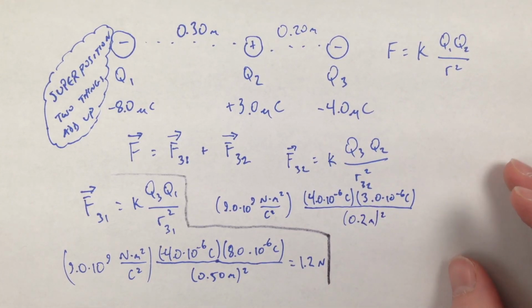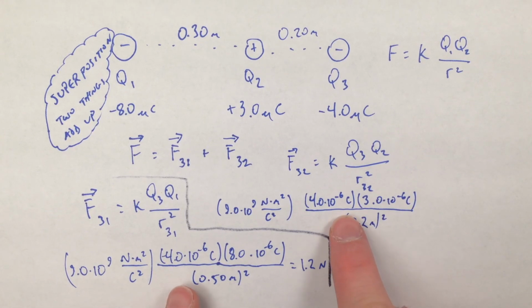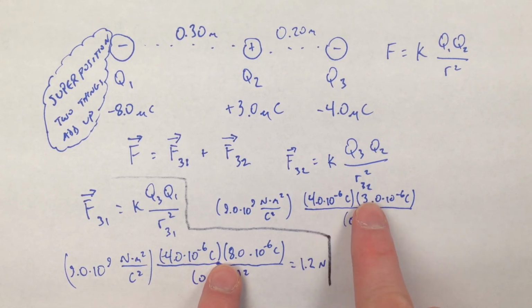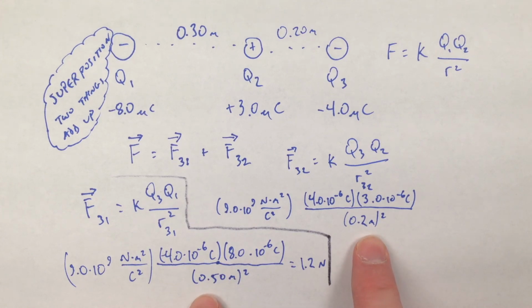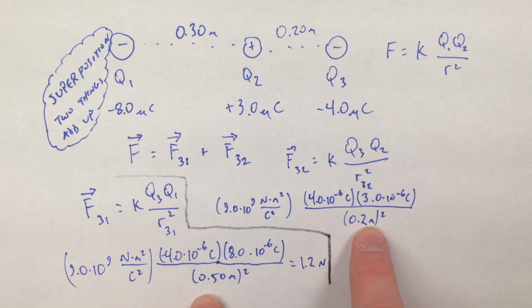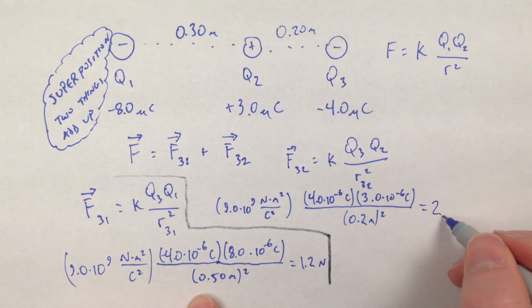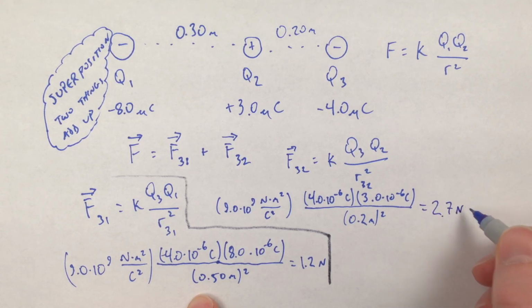Okay, so even though 4 times 8 is greater than 4 times 3, we're dividing by the square, and dividing by a smaller denominator is actually going to have an effect on the magnitude. When you work this out, it turns out to be 2.7 newtons.